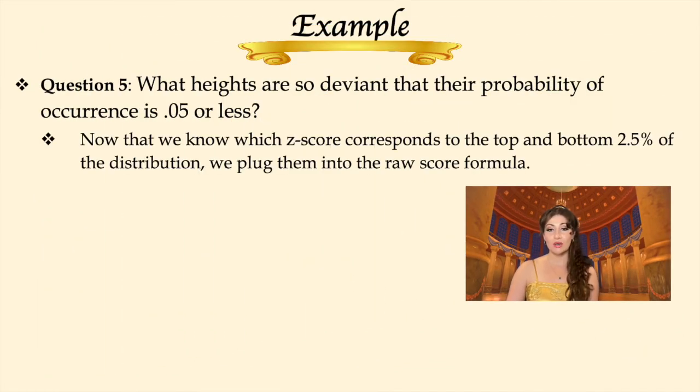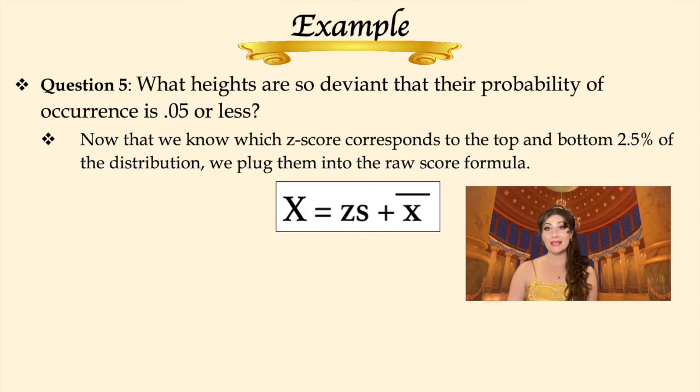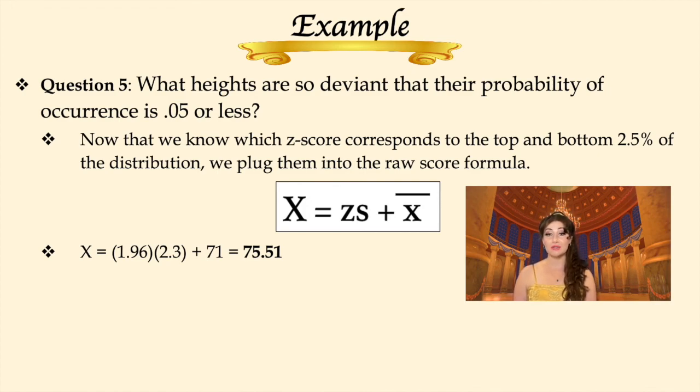So now that we know which z-score corresponds to the top and bottom 2.5% of the distribution, we plug them into the raw score formula. Our raw score formula says x equals zs plus the mean. The first one we'll do is the positive z-score: 1.96 multiplied by 2.3 plus 71 gives us a raw score of 75.51.